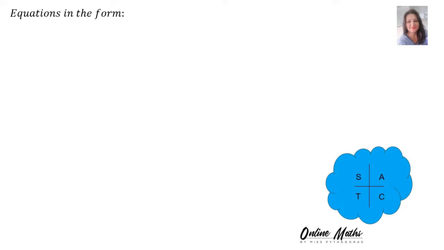Now we will be looking at equations in a certain form. The first one is if it's sin A equals plus or minus sin B. Note that there's a sin on this side and a sin on that side, and the angles are different.